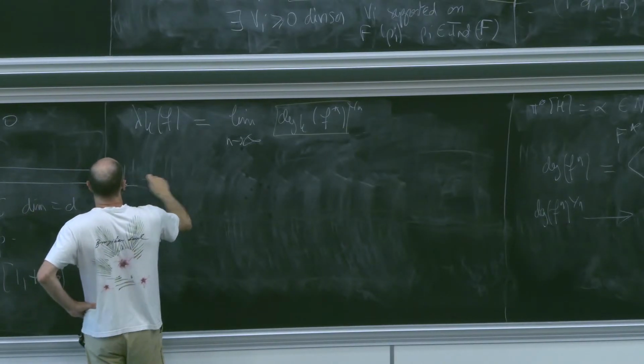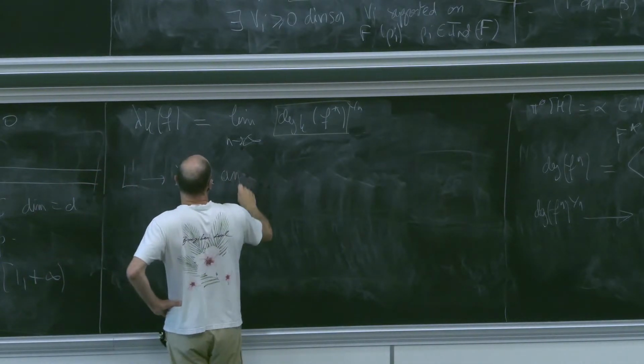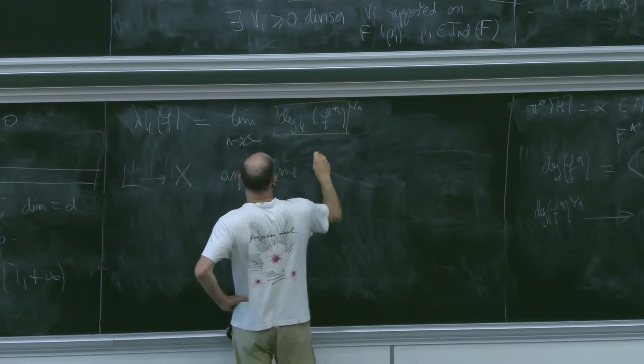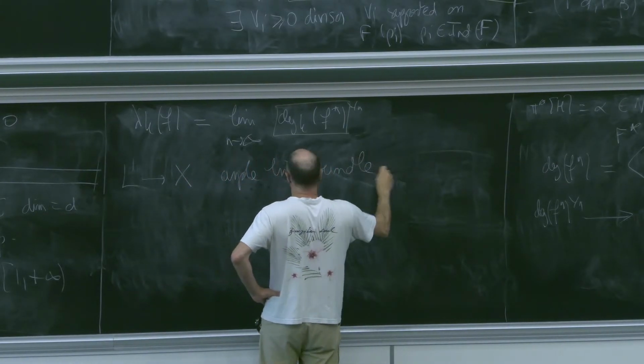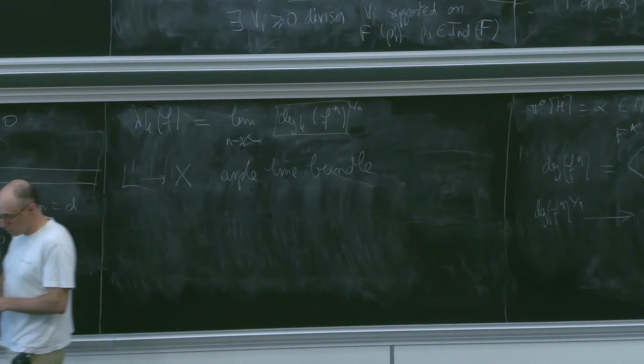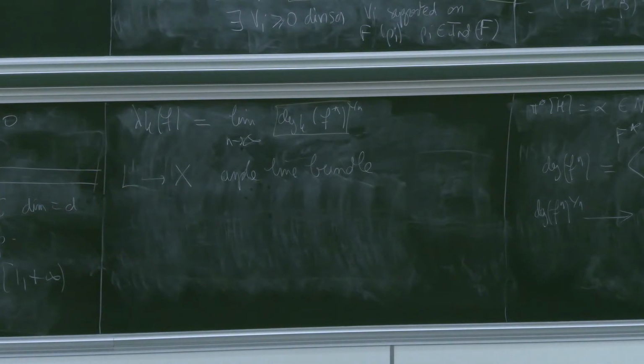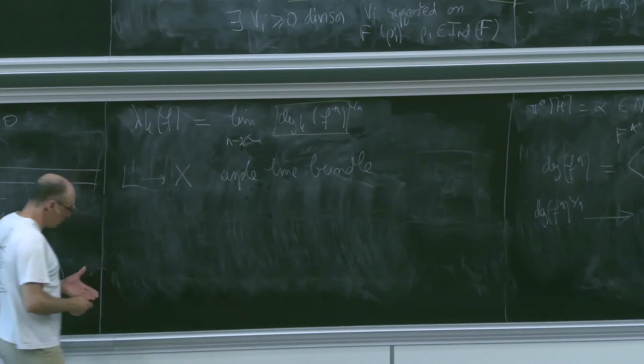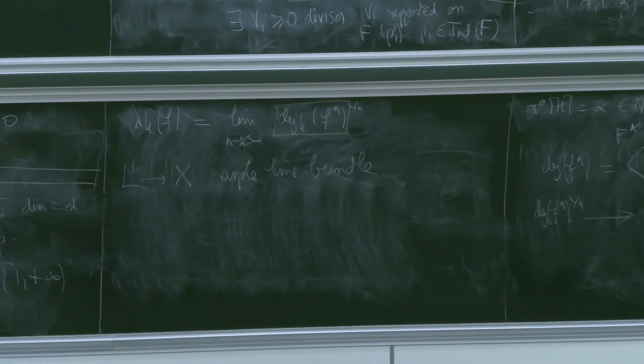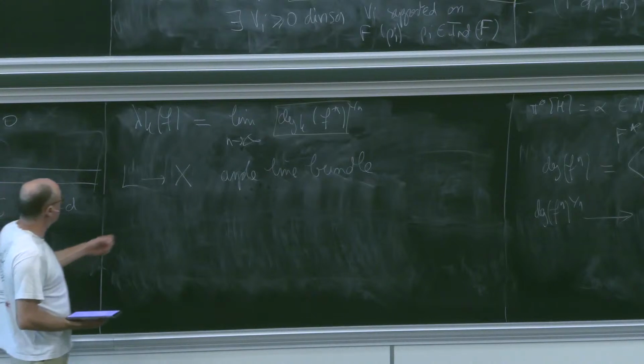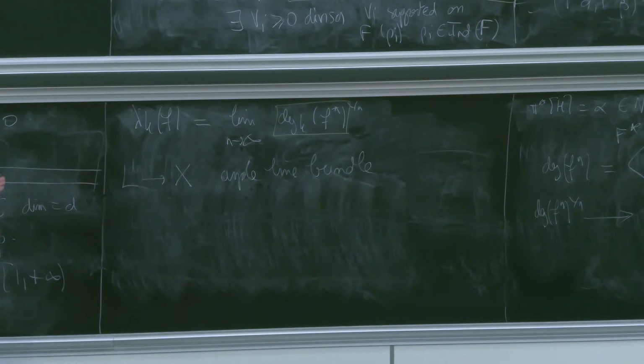So we need to choose some ample line bundle. Remember, an ample line bundle is a line bundle for which, if you look at some huge power of L, it has no base point, and the morphism from X to the projectivization of the dual of the space of sections gives you an embedding into some projective space.